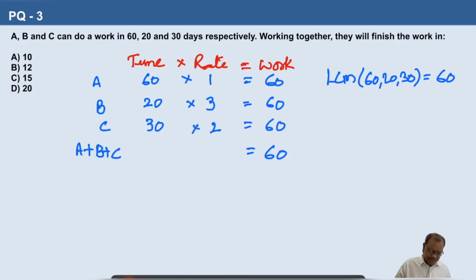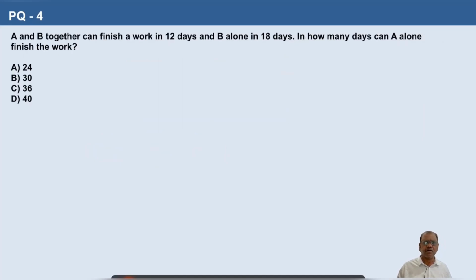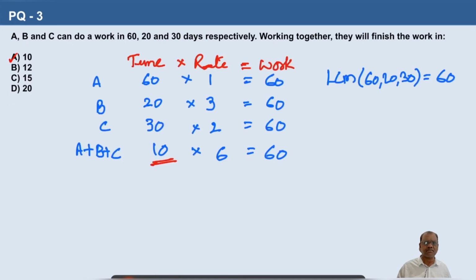Here 2 times. So when they are working together, they can do 1 plus 3, 4, 4 plus 2, 6 units. Total 60 units they can complete in 60 by 6, 10 days. The answer is 10 days. Option A is the right answer.